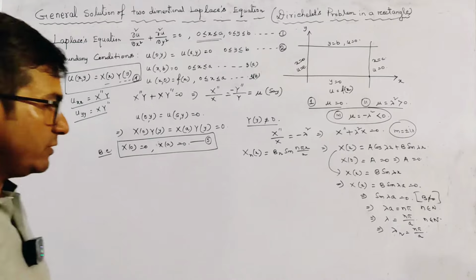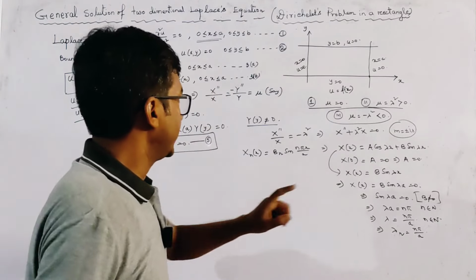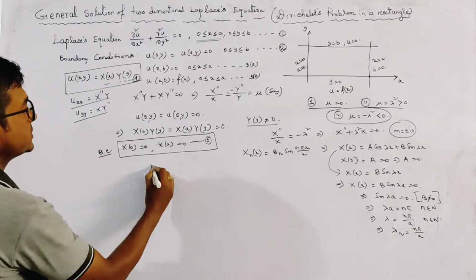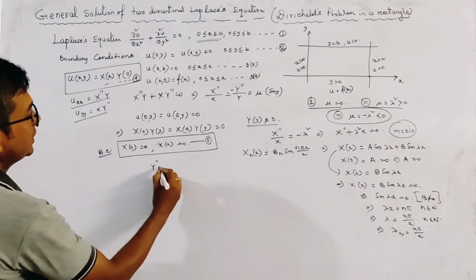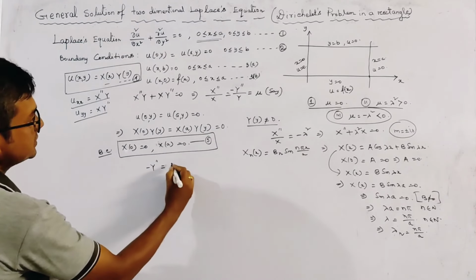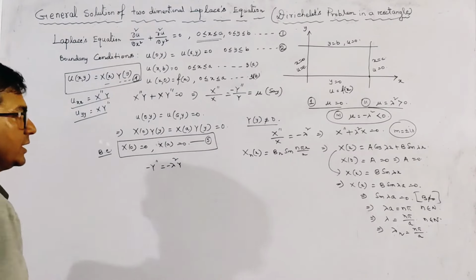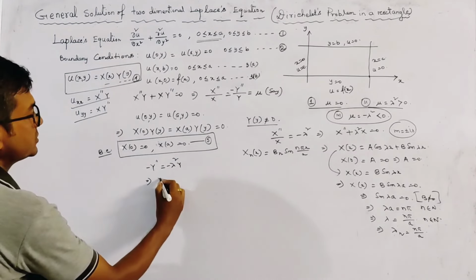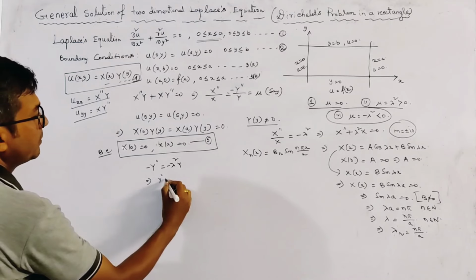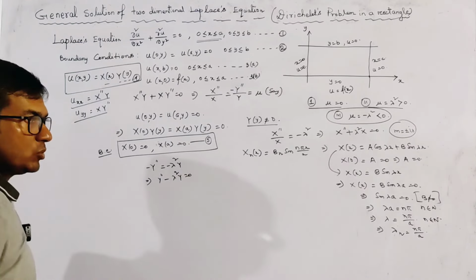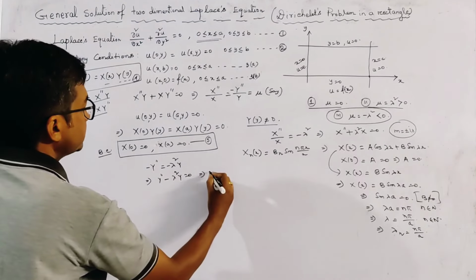Now we put the value of λ here and get the relation Y double dash minus λ square Y equal to 0.